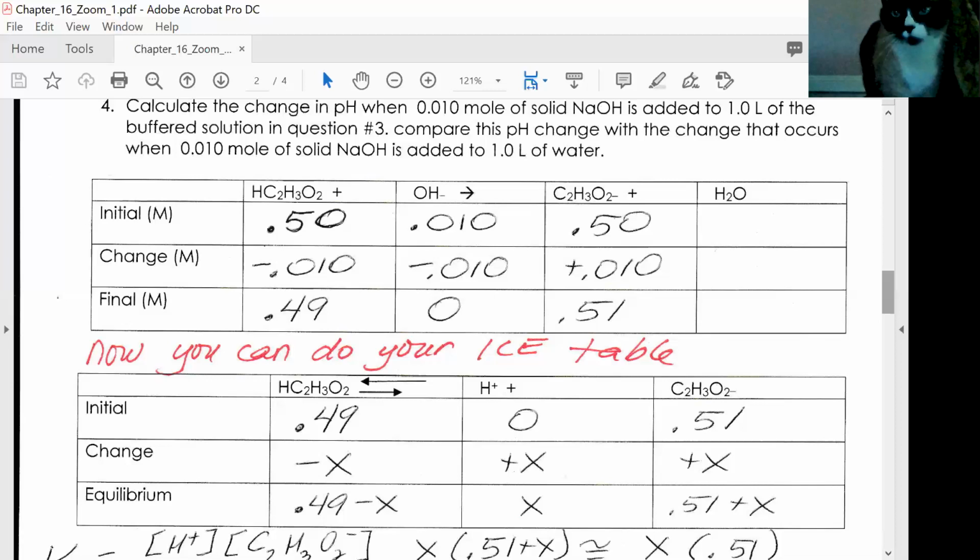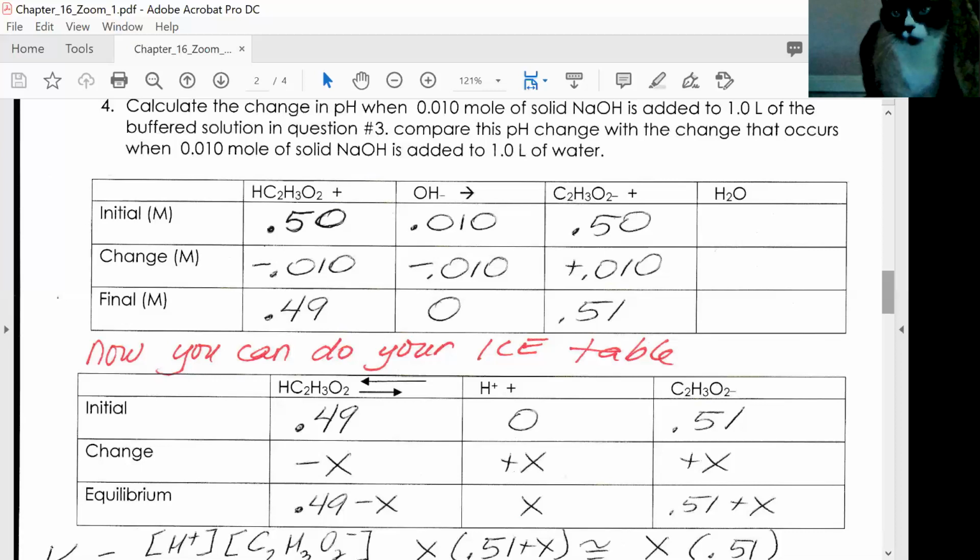So now you get to use the skills you learned in Chemistry 111A. This is a limiting reagent problem. Hydroxide is your limiting reagent. So you're going to subtract 0.010 from the acetic acid, 0.010 from the hydroxide, and you're going to gain acetate, 0.010.